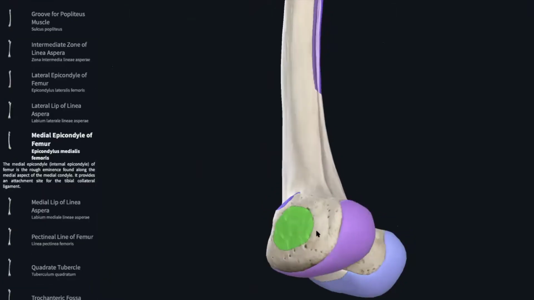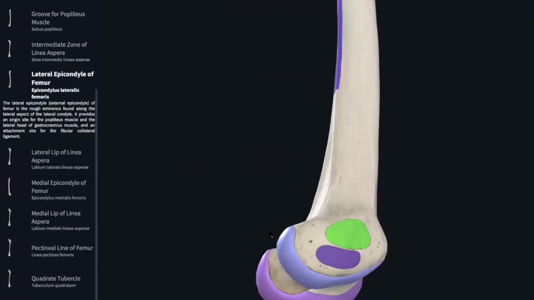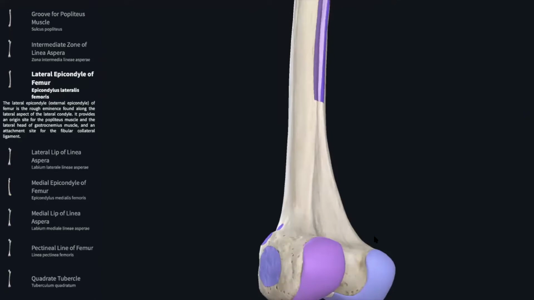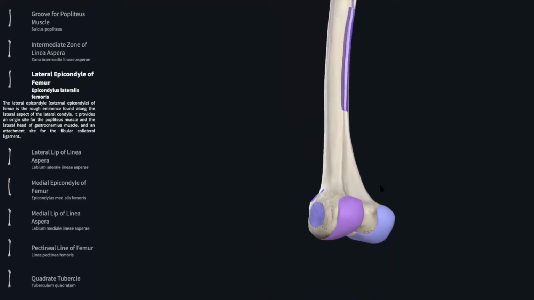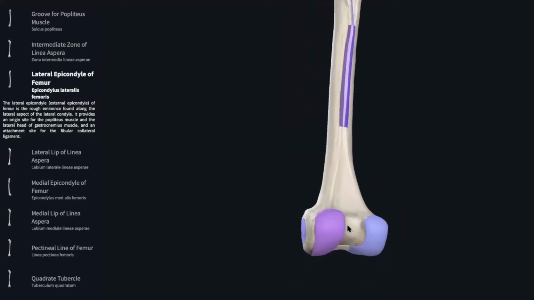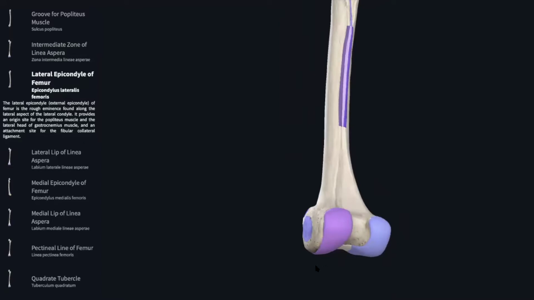We have the epicondyle of the medial side here and the lateral epicondyle here. These are important because this is where the medial and lateral collateral ligaments attach to keep the knee joint intact and keep the tibia stable.